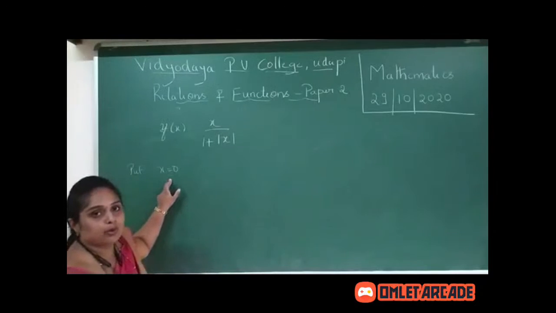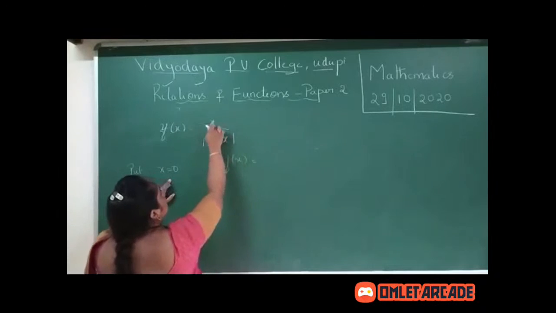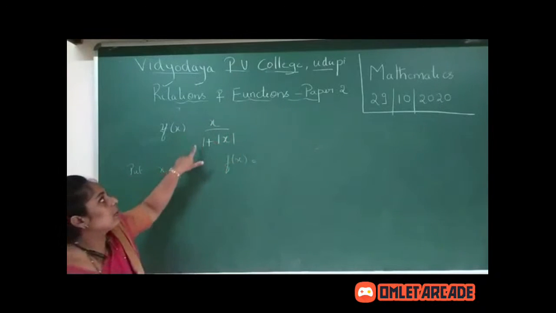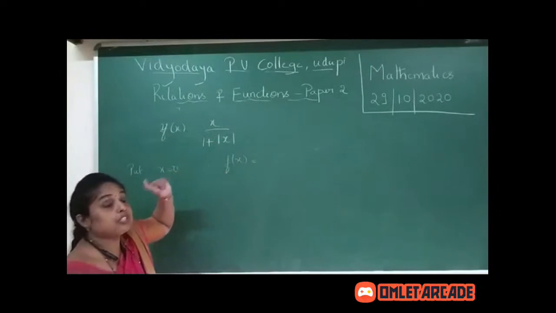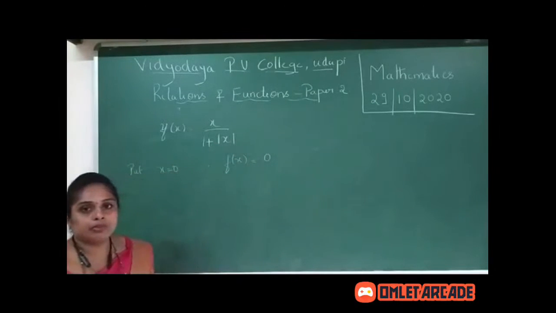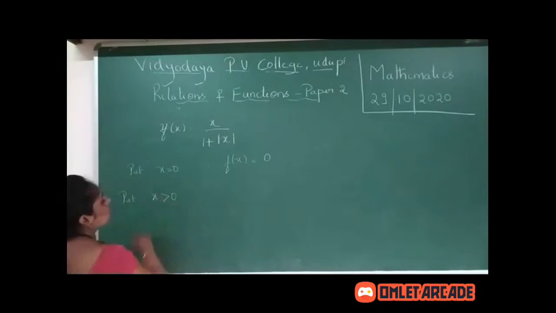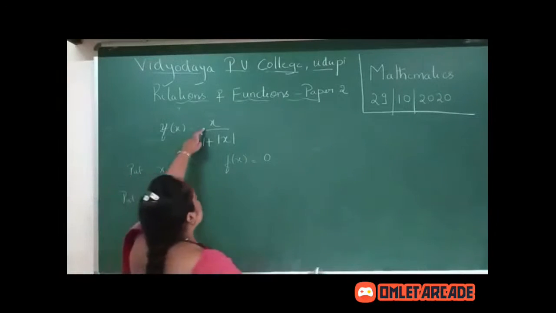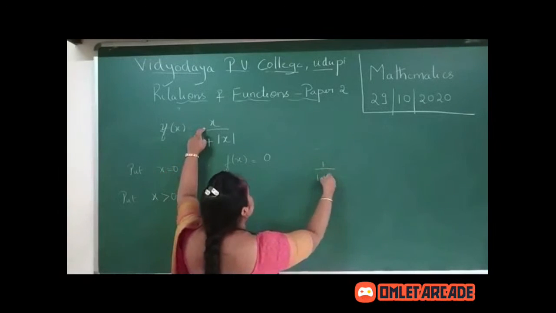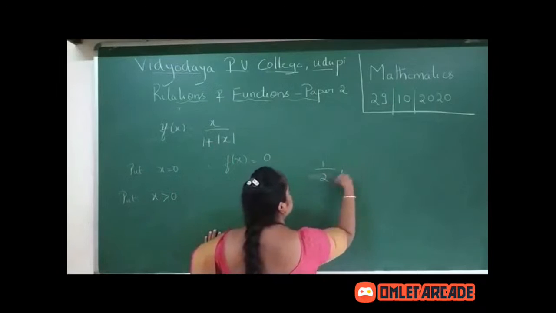If I put x equal to 0, what will f of x be? 0 divided by 1 plus 0, which is 0 divided by 1. So f of x will be 0. What if I put x greater than 0, a positive value? Imagine I put 1. I get 1 divided by 1 plus mod 1, which is 1 plus 1, so 1 by 2.